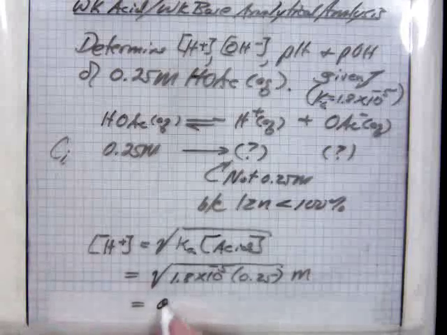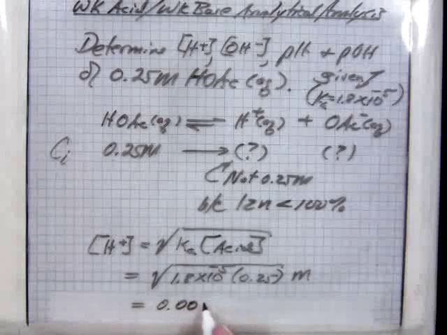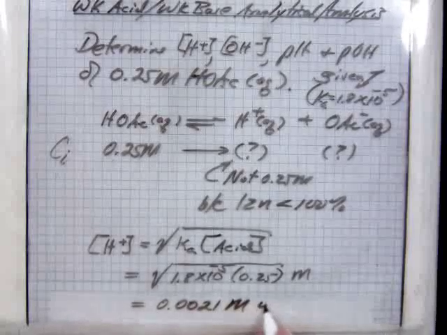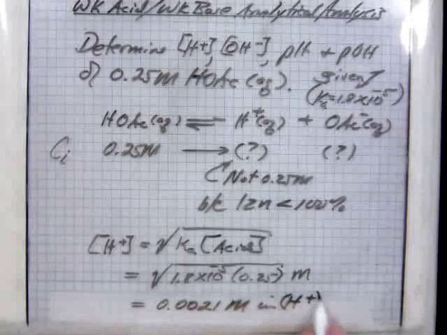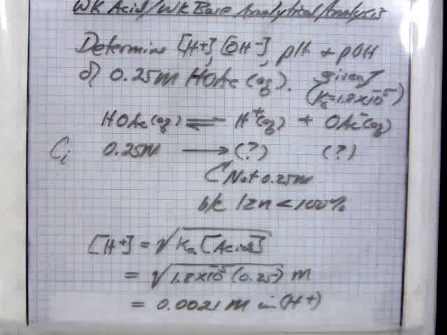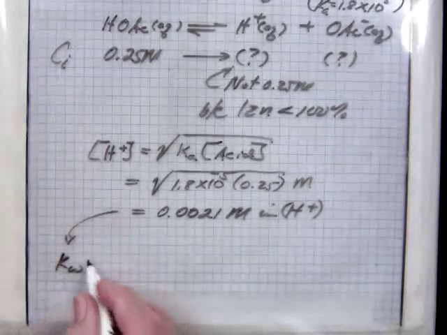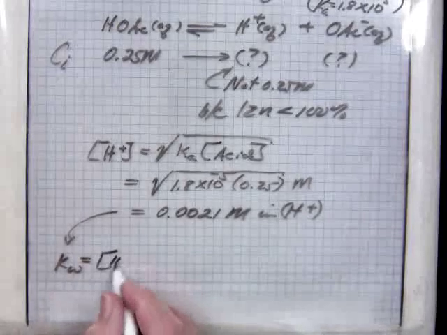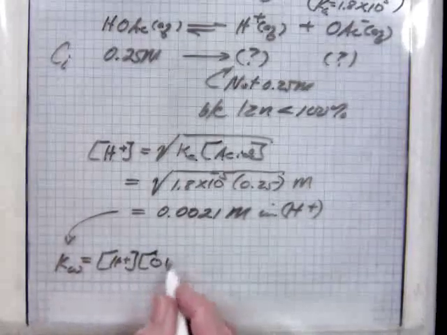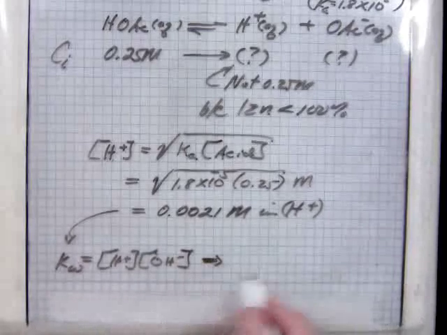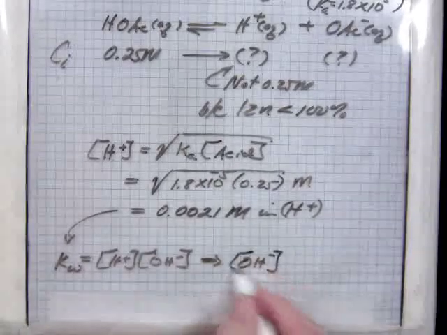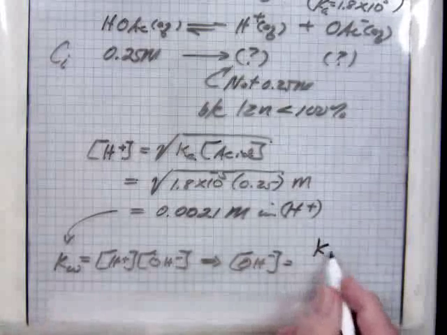That gives us 0.0021 molar in hydronium ions. At this point, once you get the hydronium ions, you now go to the Kw expression and solve for the hydroxide ion concentration, if that's what the problem is asking you for.